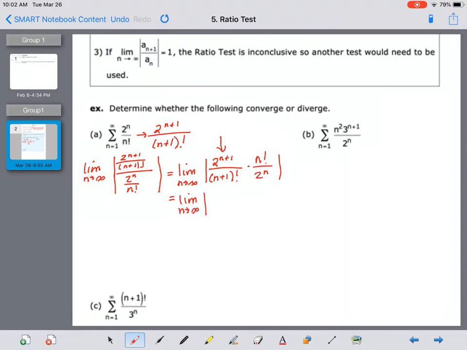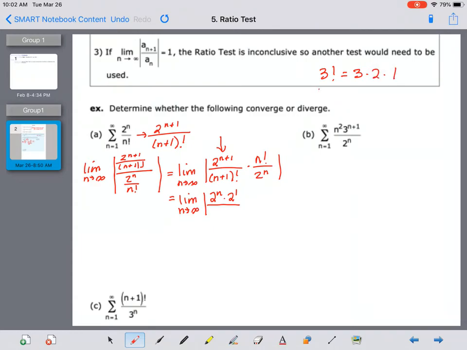So 2 to the n plus 1, remember, we can write that as 2 to the n times 2 to the first power. And that's going to help us out. On the bottom, remember n factorial, like if we wrote 3 factorial, that was just 3 times 2 times 1.